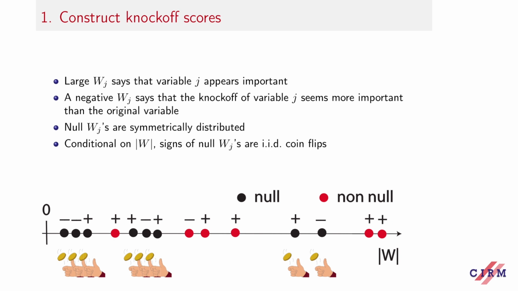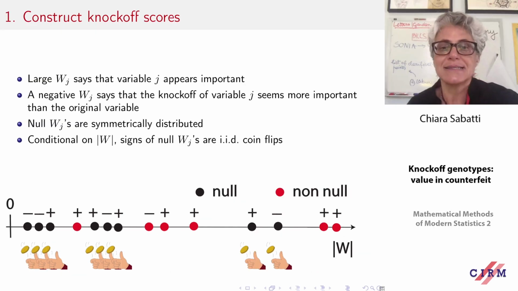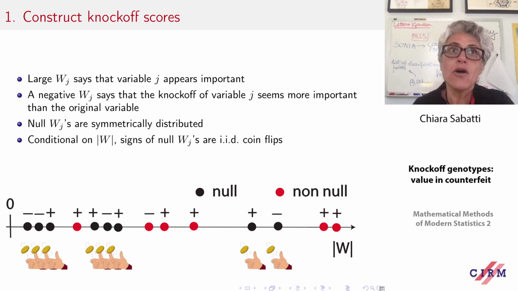Now, what are these knockoff scores? Let's familiarize with them a little bit. A large W_j says that the variable j appears important. A negative W_j says that the knockoff of that variable seems to be more important than the original variable.